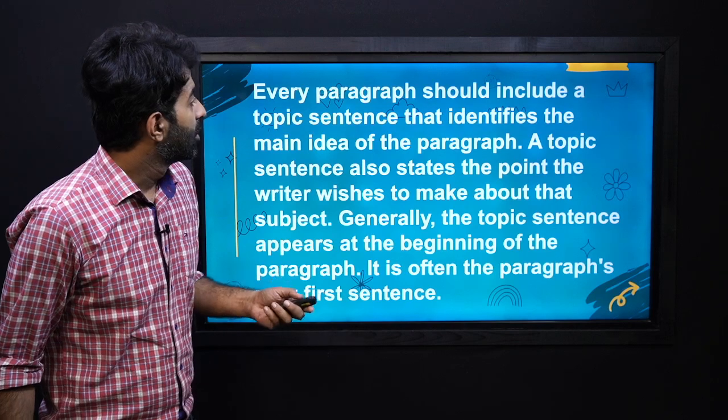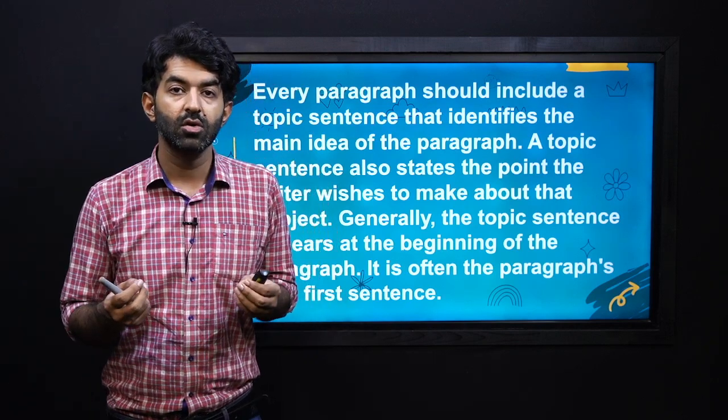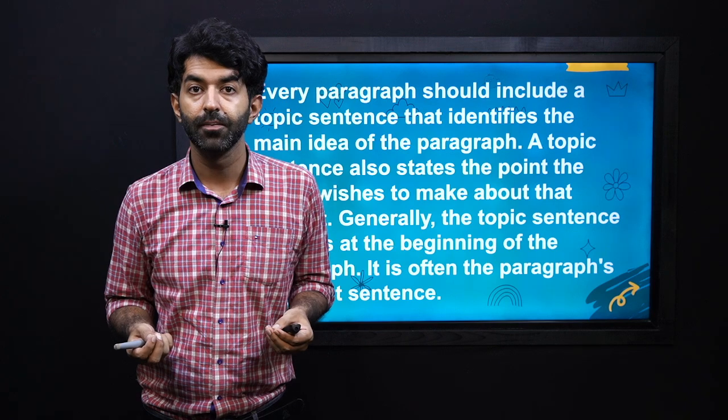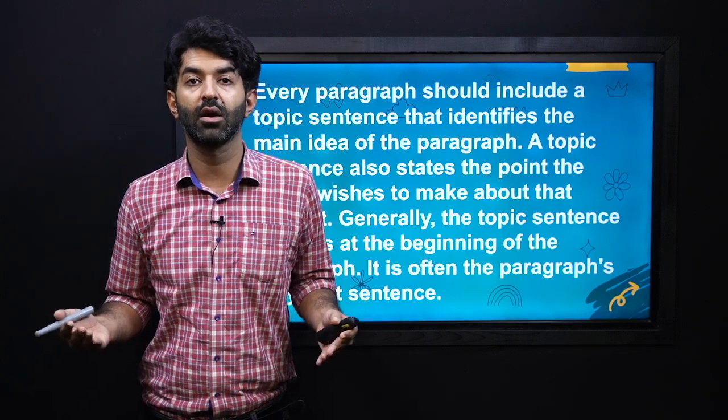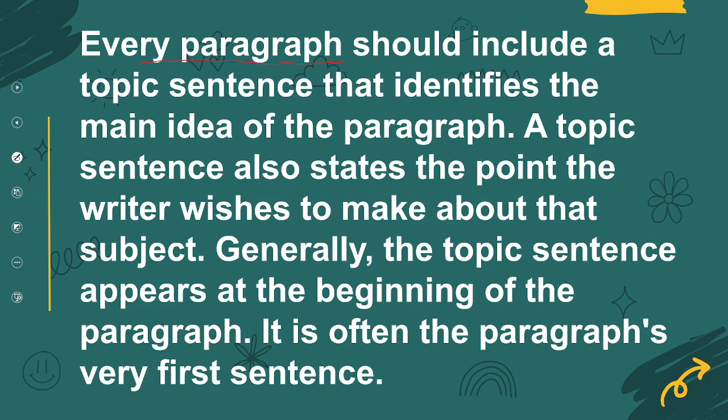Now, let's see, where can we find a topic sentence? Is it just in the very first paragraph of the whole text or the essay? Or is it just with every paragraph of that text? Every paragraph should include a topic sentence that identifies the main idea of the paragraph. And all these paragraphs as a whole share the complete picture and complete idea about the text.